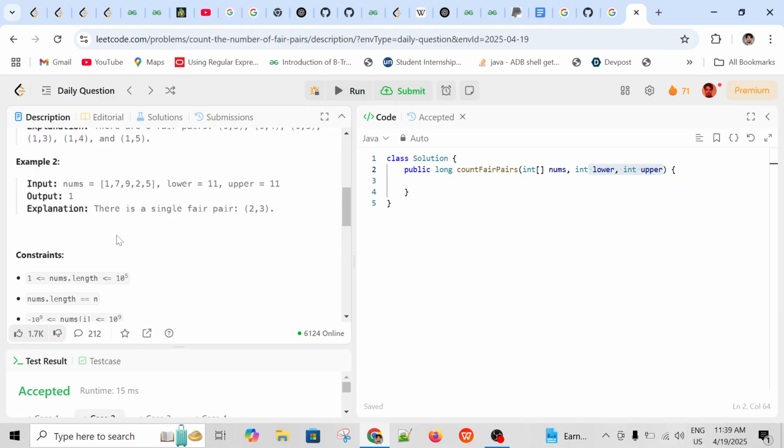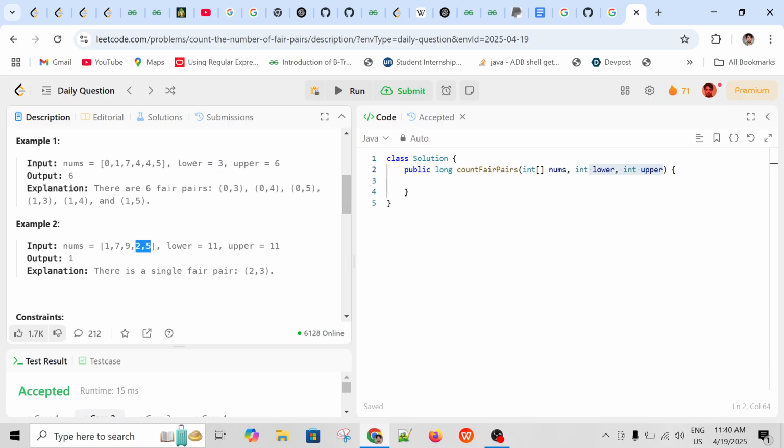Now the problem is how we can solve this, because the constraint given is 10 raised to the power 5, and here we are computing this in n square, so you have to optimize it further.